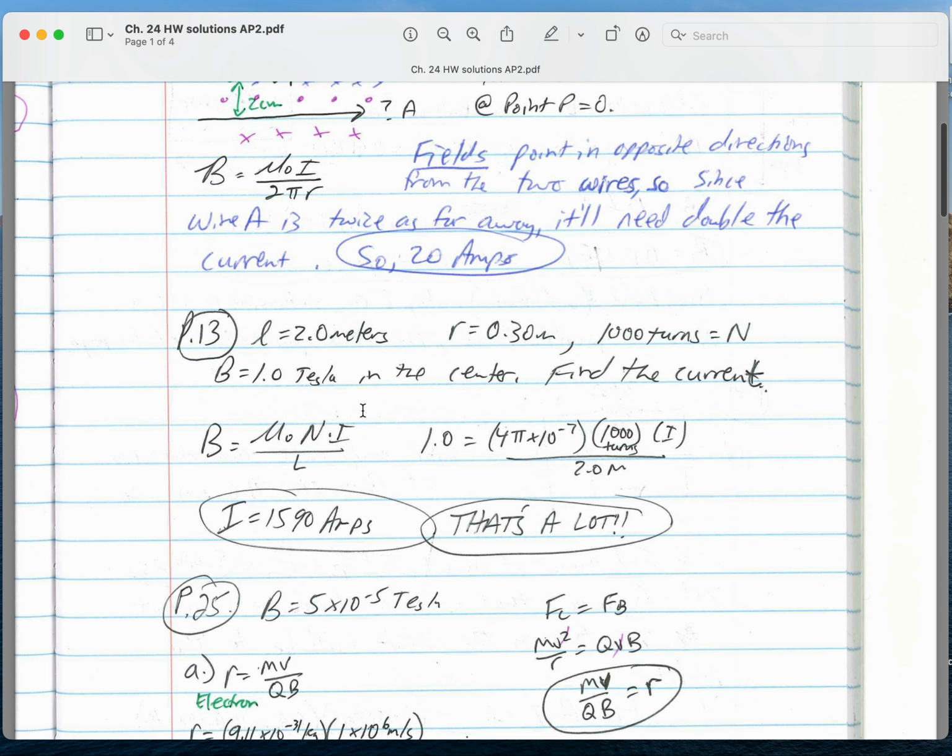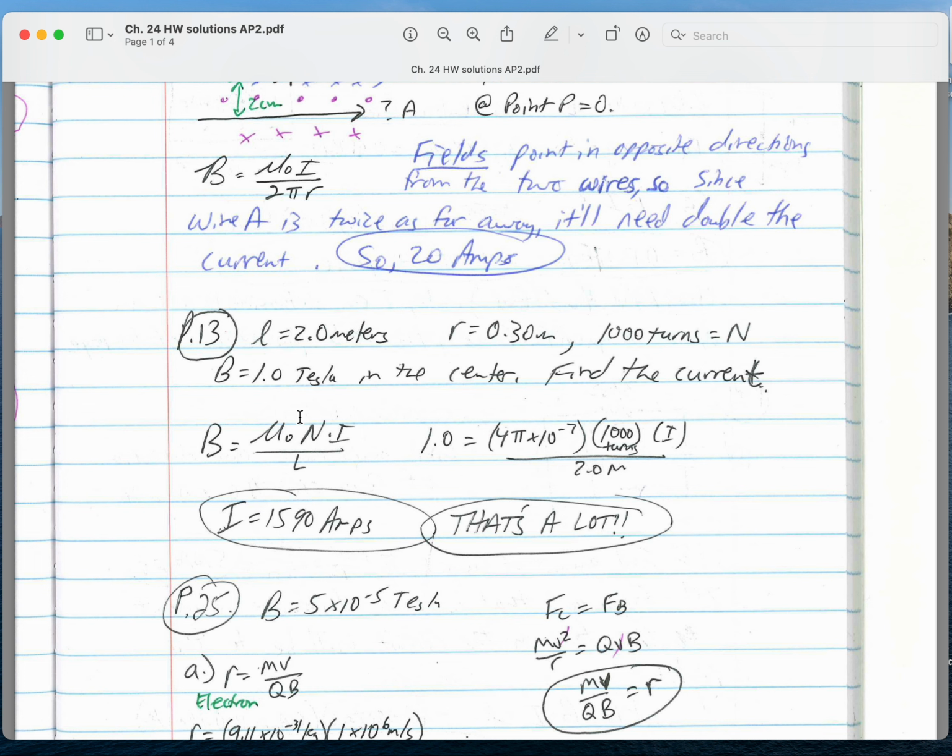For problem 13, you're given basically a solenoid, radius of 30 centimeters, 1,000 turns, 1 Tesla in the center, and you find the current. So this is a formula in chapter 24 also. N is the number of turns, L is the length of the solenoid, so it's turns per length, and that affects the amount of magnetic field strength.